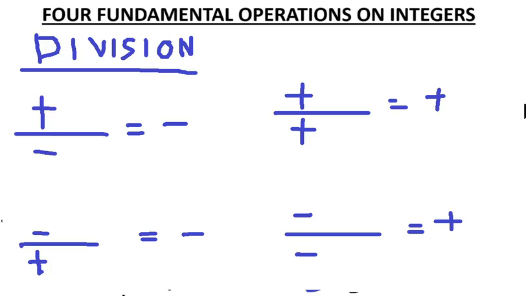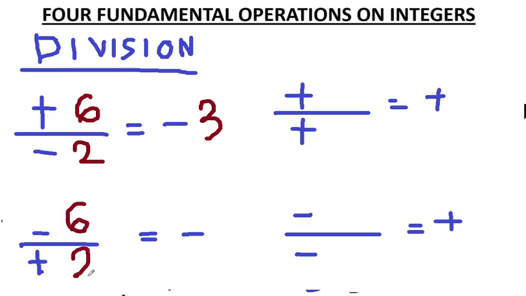So let's take a very easy example. The easiest example would be positive 6 divided by negative 2. So the answer would be a negative 3. Negative 6 divided by a positive 2. The answer would still be a negative 3. Positive 6 divided by positive 2, the answer would be a positive 3.